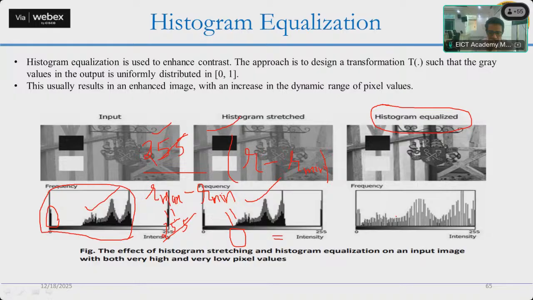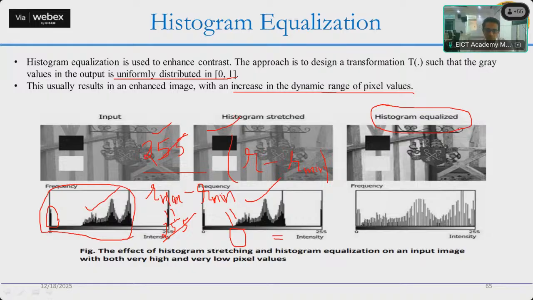It was basically a non-uniform, very limited distribution, but here it is almost equally distributed. It is not flat, but uniformly distributed.